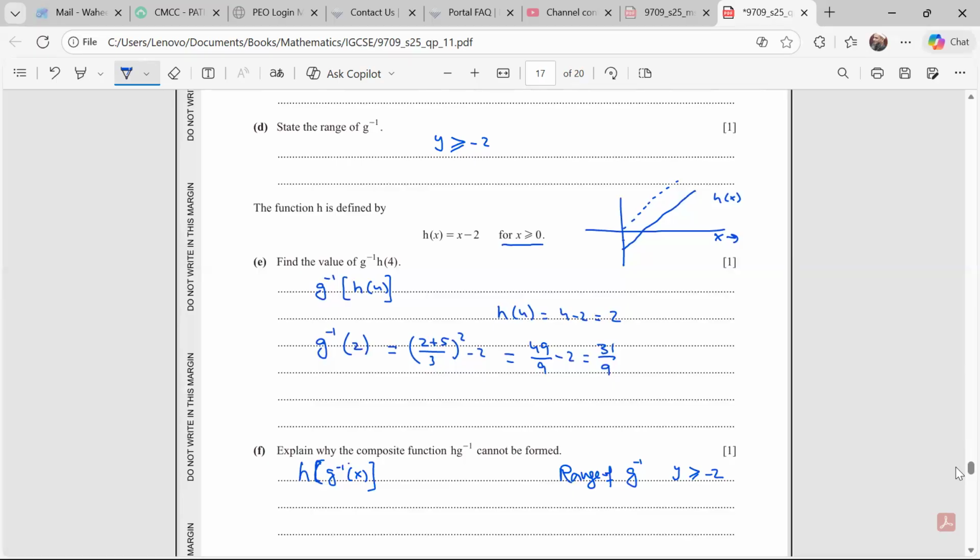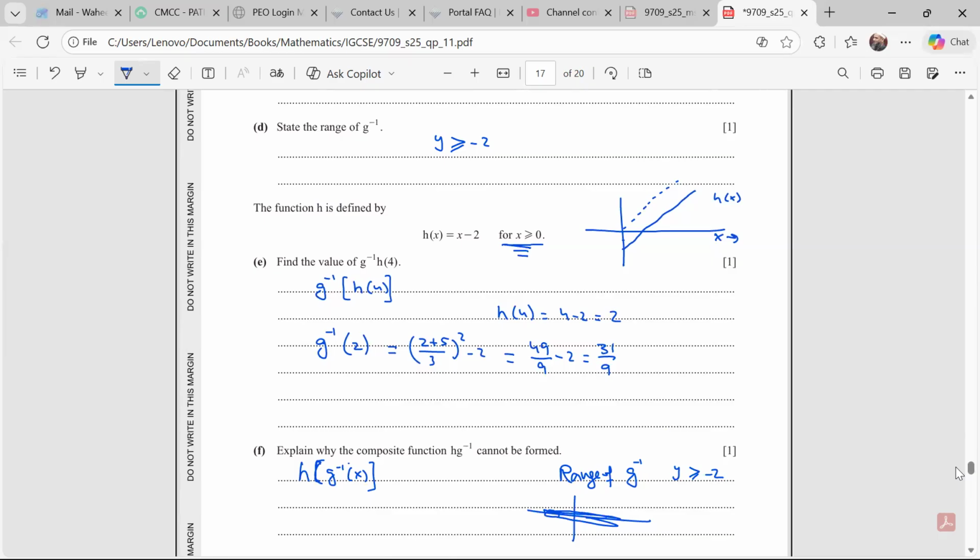Whatever is the range of g inverse, that will become the domain of h, right? Now the range of it is this one. So we are from minus 2 onward. This is the range of my function, which will become the domain of the h function. But the domain of h has to be greater than 0 only.